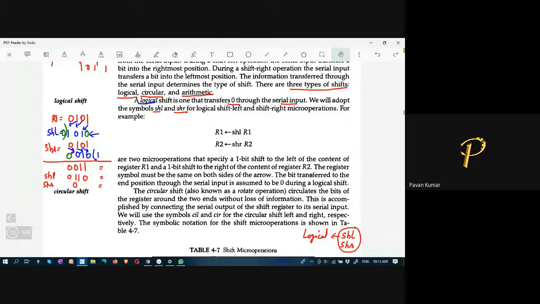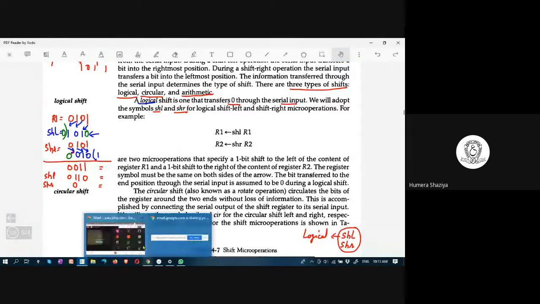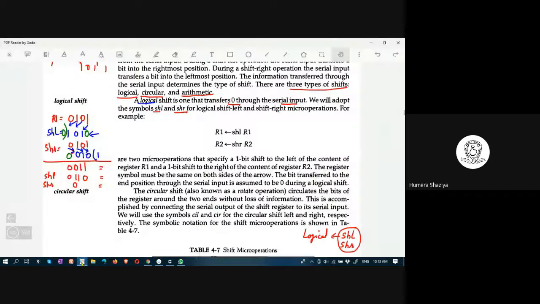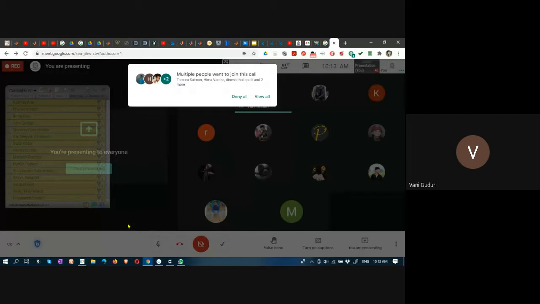Ma'am, yes, tell me. Tell me, students. Shift left is right. Shift right, you tell me. Logical shift right. 0010, ma'am. Why are you getting 0010? 0001.